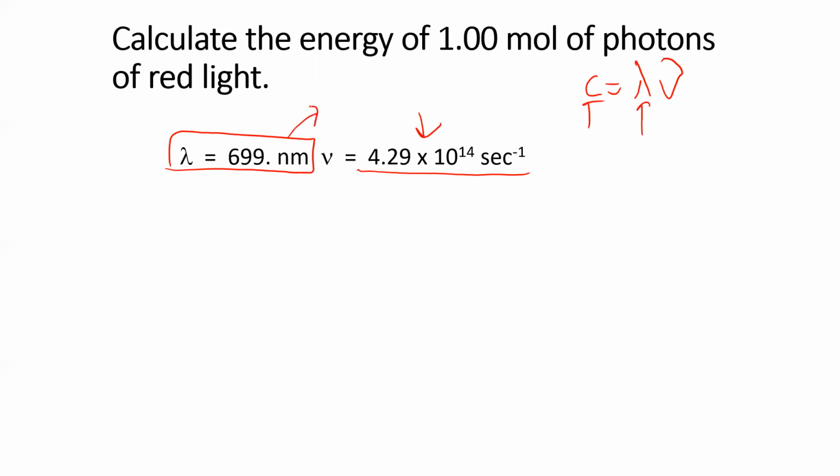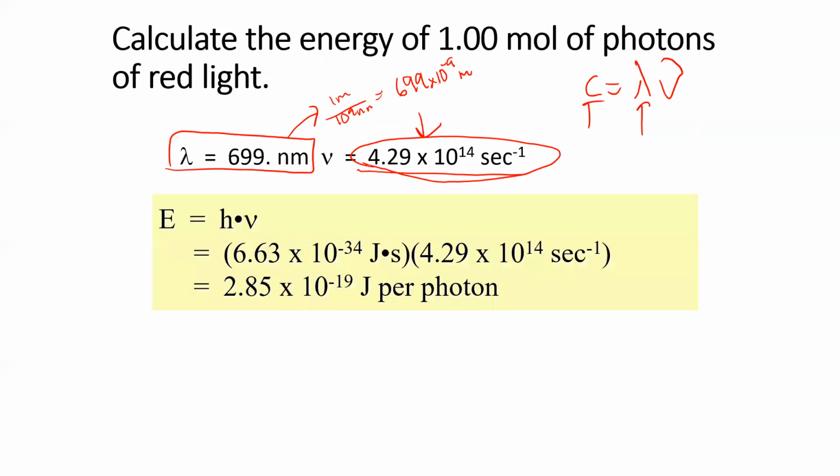Of course, you would have to change nanometers into meters, because in 1 meter, there's 10 to the 9 nanometers. So this would be 699 times 10 to the negative 9 meters, and you would be able to solve for frequency.